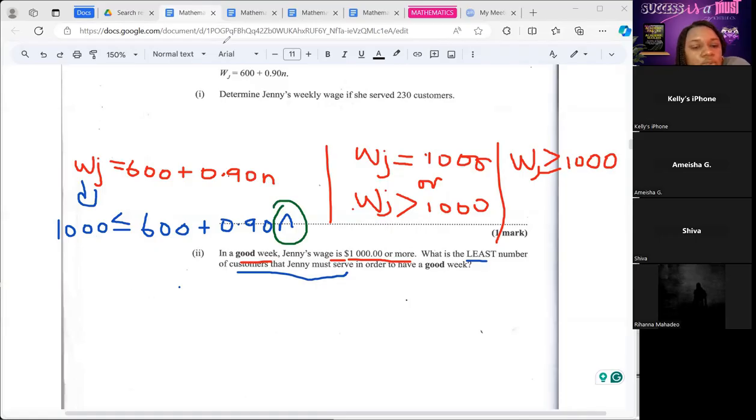Thank you. So to transpose to get n by itself, we have to move two things: the 600 and the 90 cents. Which one do we move first? If you don't know, as I said, you can always write down BEDMAS and go in reverse. Some of you have become so accustomed to it that you don't even have to write it down.